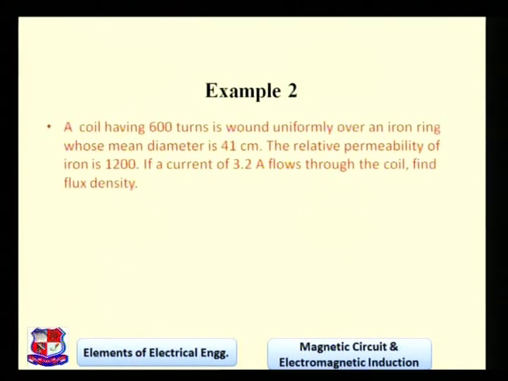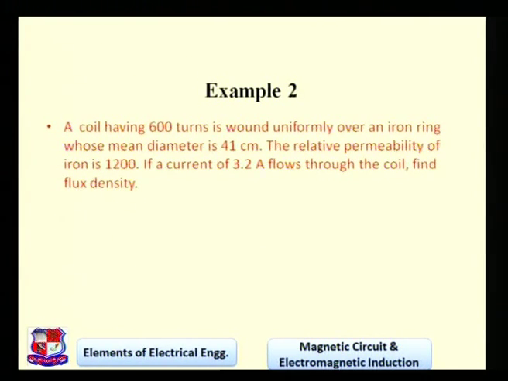Now friends, here is another example which says that a coil having 600 turns is wound uniformly over an iron ring whose mean diameter is 41 cm. Friends, here the diameter of the ring is given. The relative permeability of iron is 1200, it means mu r is equal to 1200.